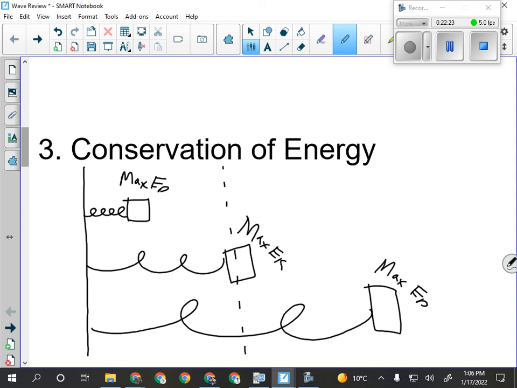Because it's being slowed down by the spring until it instantaneously stops, and then the spring wins, and boom, back it goes towards equilibrium. Same here. The spring is stretching, pulling back, stopping, and then winning, actually getting it to move back towards equilibrium. So remember this: EI equals EF.